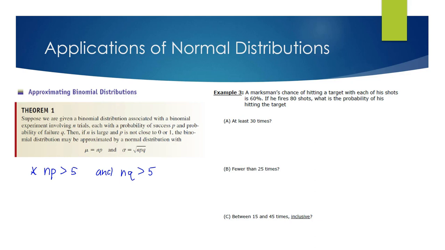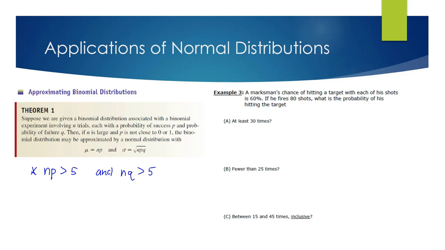Or I could do 1 minus the probability of 0 through 29, which again is not much better. That would still be 30 calculations to get the probability that I need to answer this question. So using a normal distribution to approximate this is certainly going to streamline things a bit.